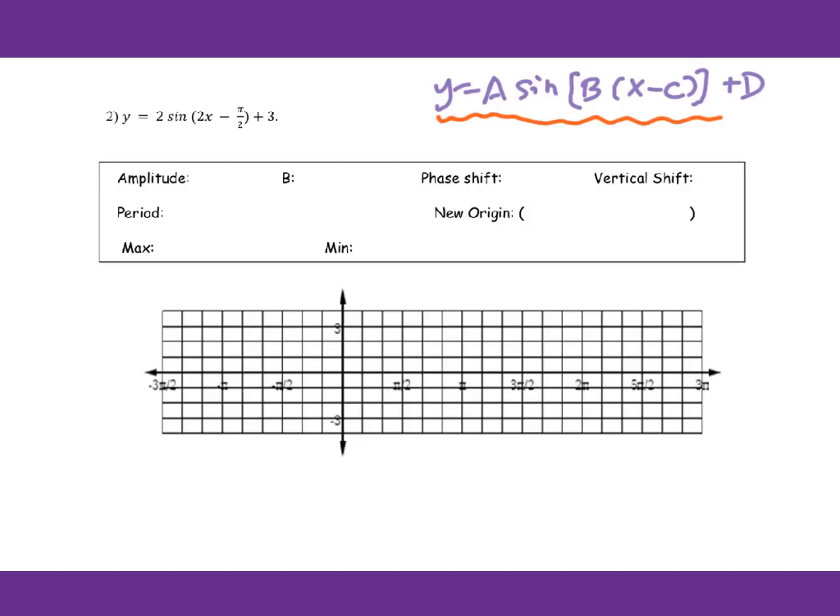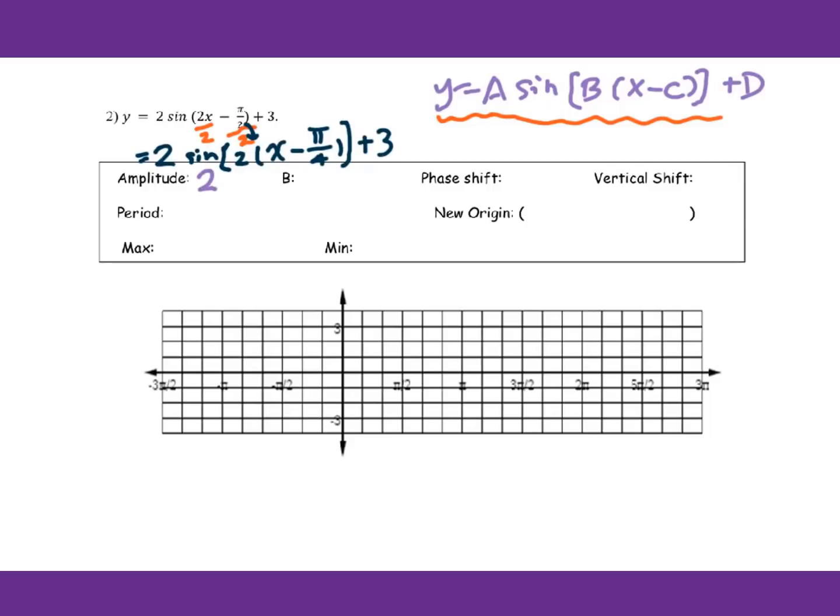So we divide it by 2. You will get 2 sine. Take 2 outside. You got the x minus, 2 drop down, you got the pi over 4. Then plus 3.